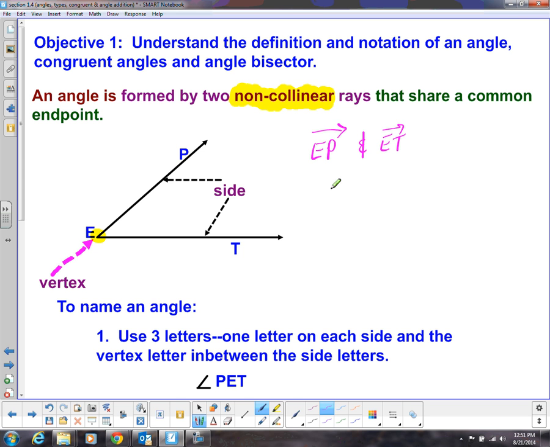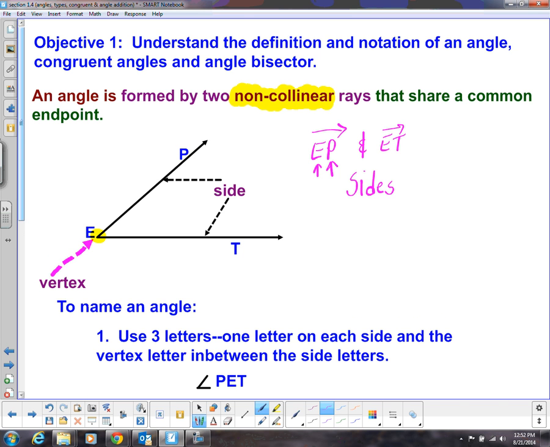So this is an opportunity to reinforce our one-dimensional vocabulary. Remember, for a ray, the first letter is the endpoint. The second letter that's mentioned is a point it passes through. It's the order of these letters that tell you the direction, not the arrow. So we've got EP and we've got ET, and those are the sides of the angle.